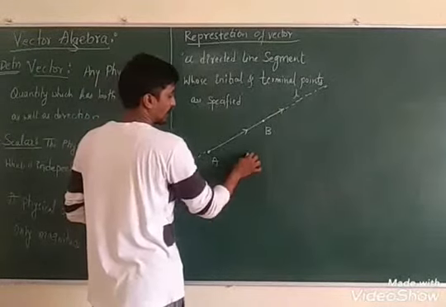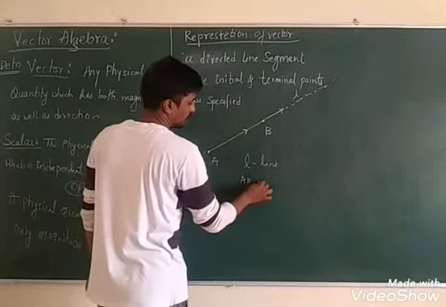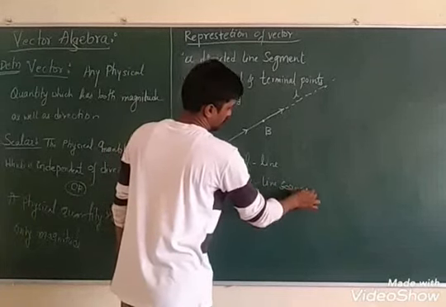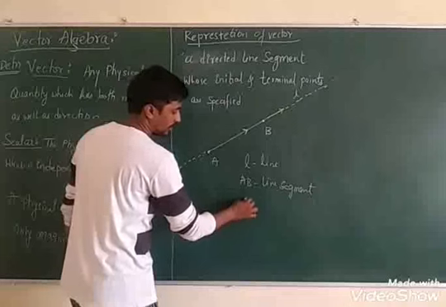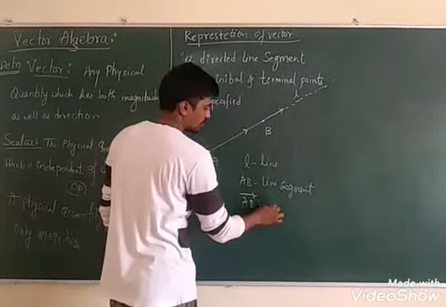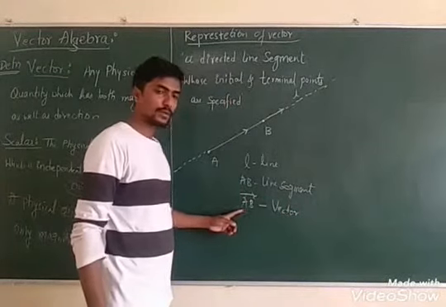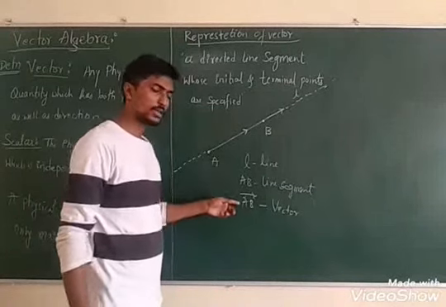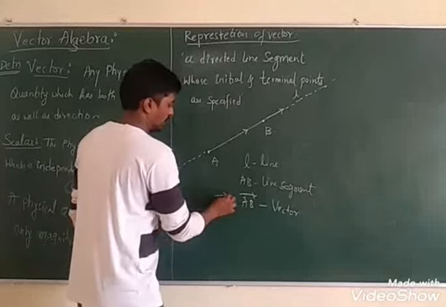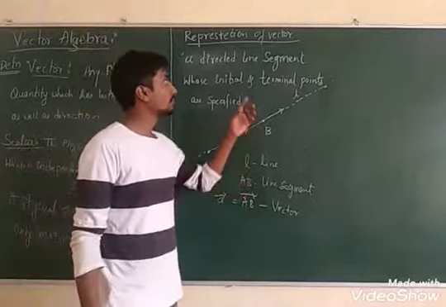If L is the line and AB is the line segment, and I provide a direction to this line, then it will act as a vector. It is called the vector AB. I can also represent this vector AB by a small letter alpha.